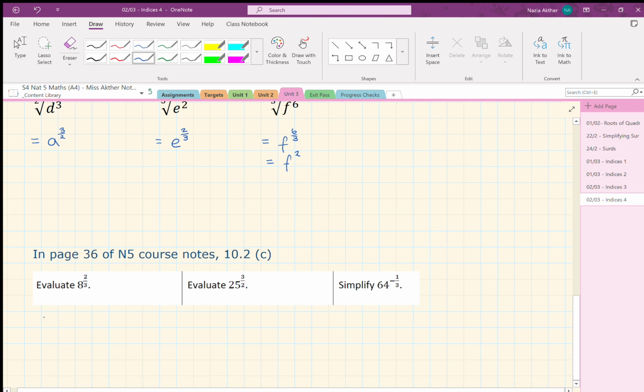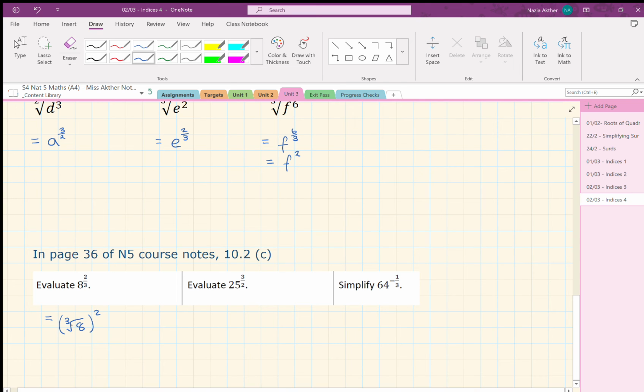So using my rule, I need to change this into a root. Remember, the bottom number is your root, the top number is your power. So this then becomes the cube root of 8 all squared. Now I need to work out what this is.